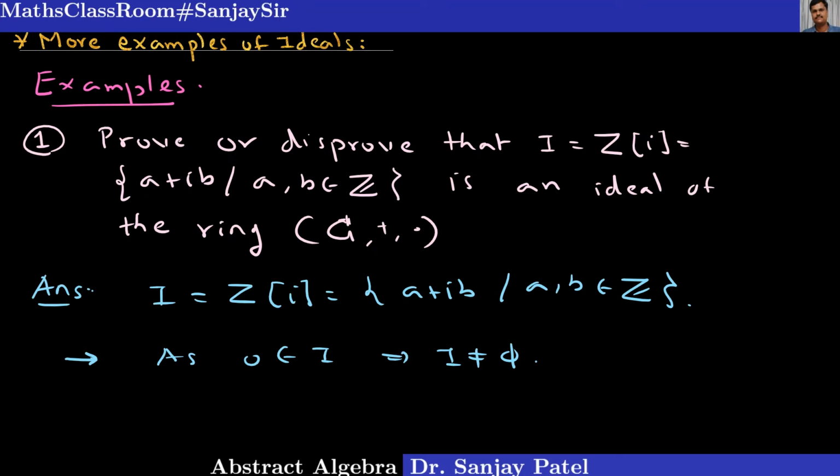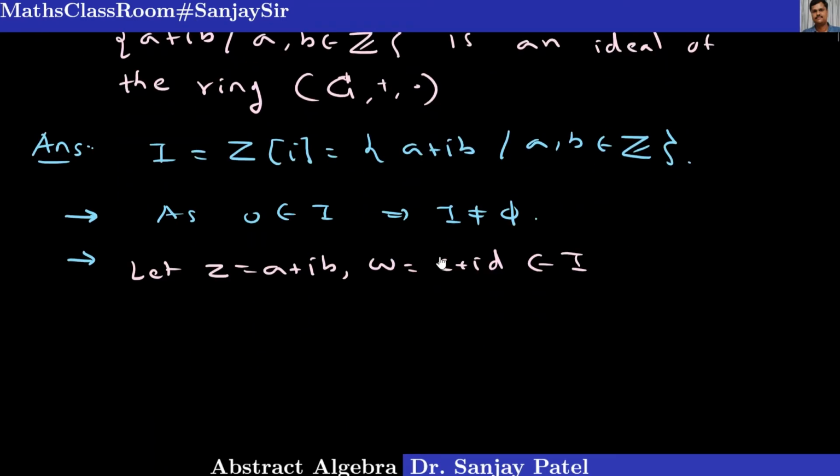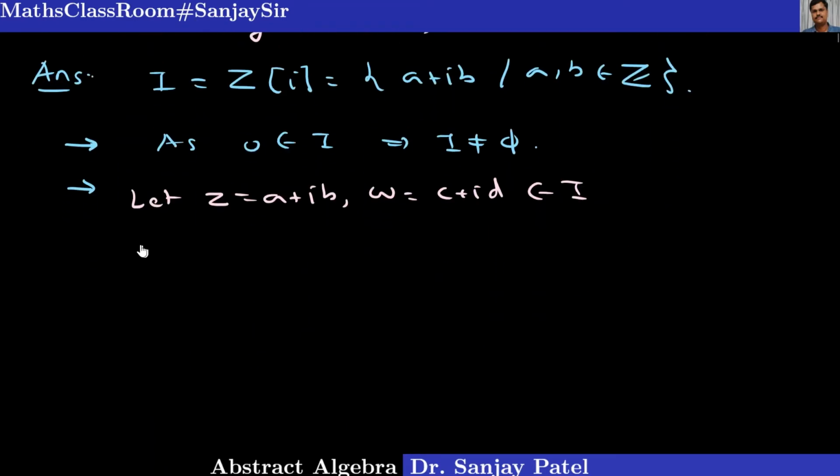Secondly, if I take two elements from this set I, if I take z equal to a plus ib and w equal to c plus id belonging to I, then you know very well that z minus w is also a member of I, because z minus w is nothing but a minus c plus i times b minus d.